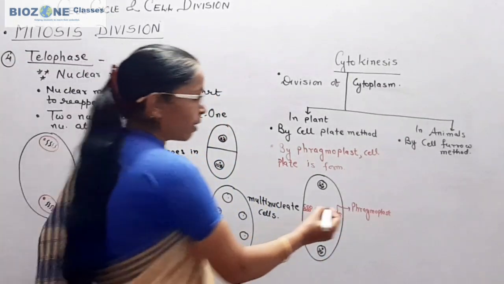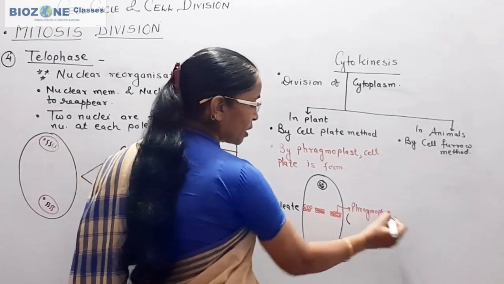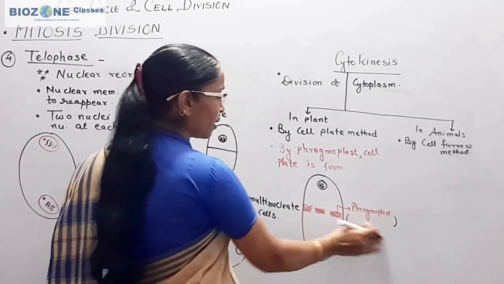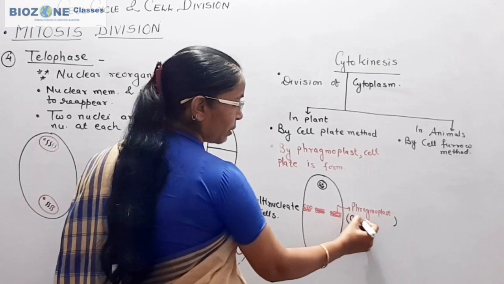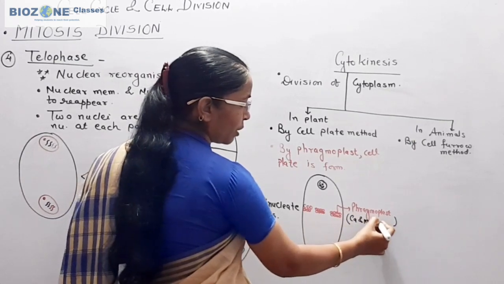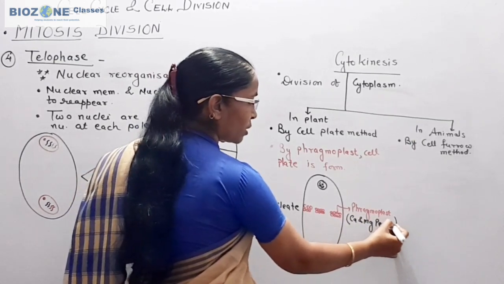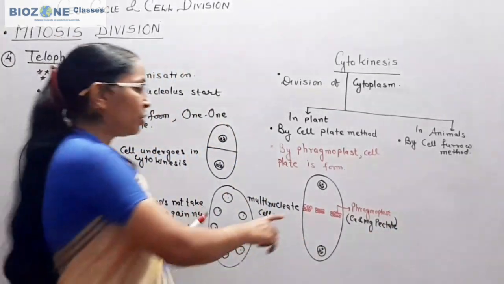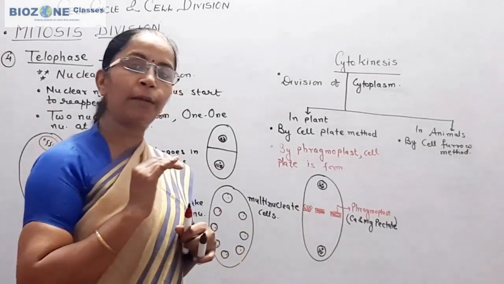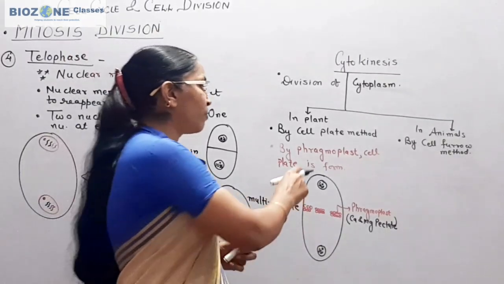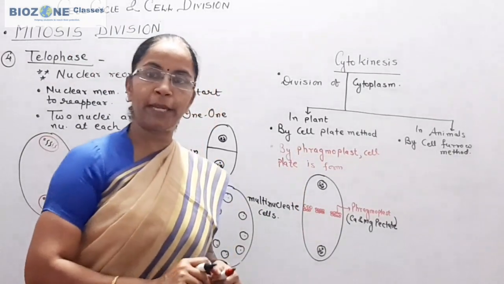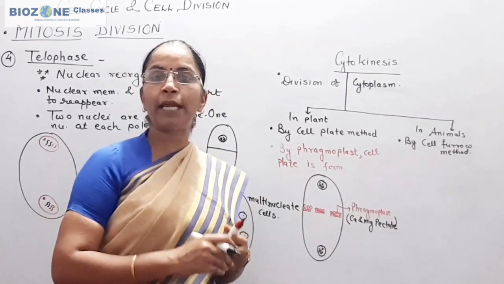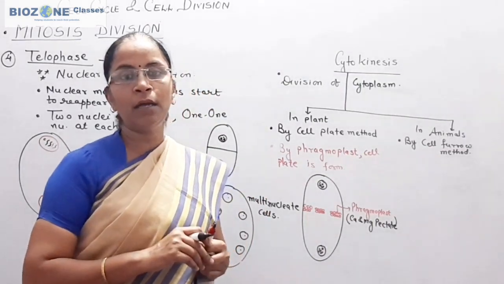What does it contain? These vesicles contain calcium and magnesium pectate, because as these vesicles burst, the calcium and magnesium pectate become hardened and result in the formation of the cell plate. In future, the cell plate becomes the middle lamella in plants.